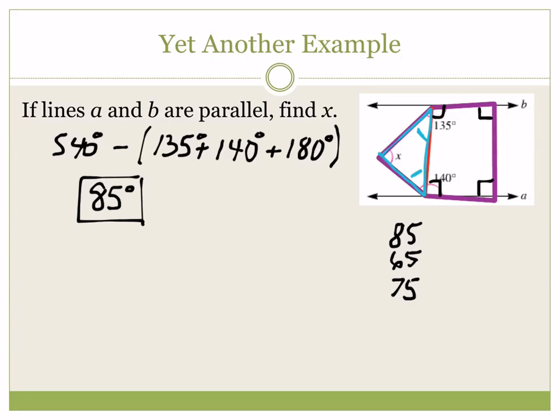We're going to take 135 minus 90. What's 135 minus 90? 45. And then I do 140 minus 90. What's 140 minus 90? 50, right? So then we could do the same thing we did with our pentagon, but with a triangle. We do 180 minus the 45 and the 50 to get 85, either of those ways. All right, fantastic. Good job, guys.